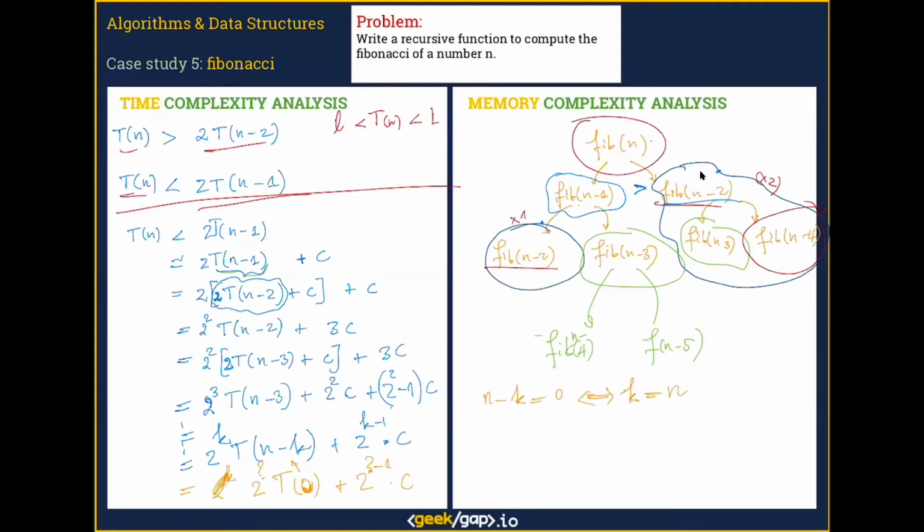So that something we're looking for is k, which is n. So we have here 2 to the power of n T of 0 plus 2 to the power of n minus 1 times c, which is the time complexity of our problem. And you can see it's an exponential complexity, because all this amounts to big O of 2 to the power of n, which is exponential.